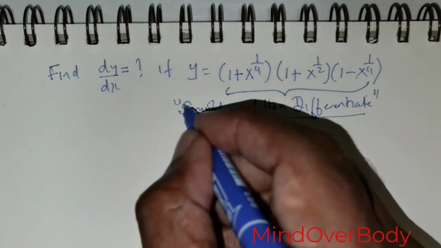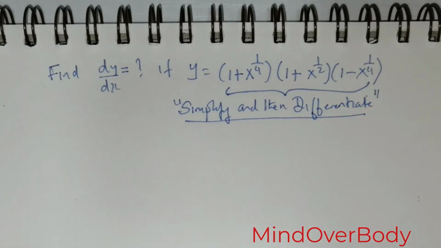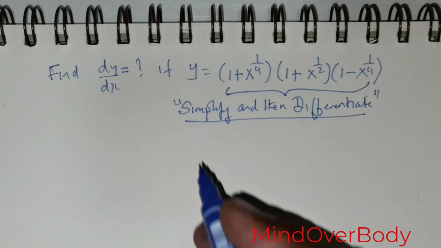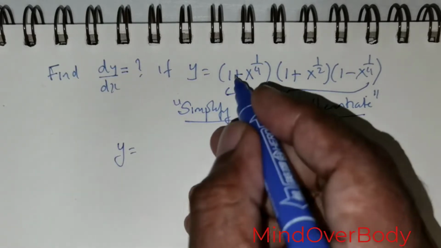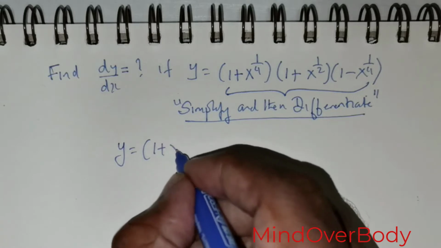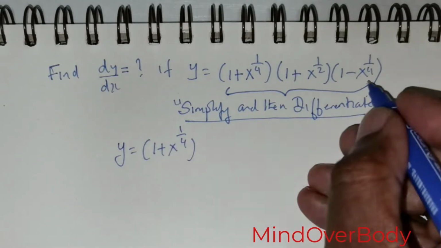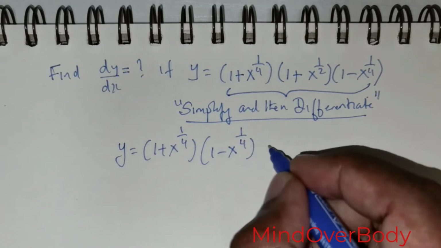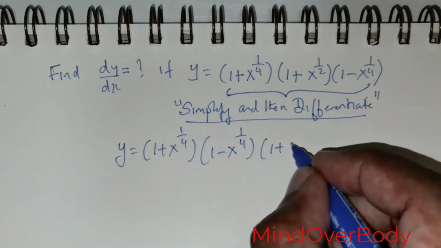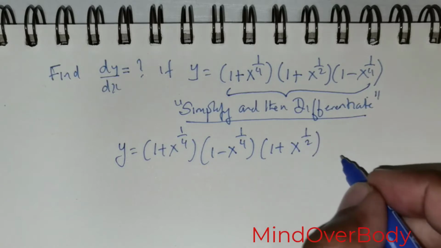In case huge terms like this are given, this is the approach we should follow. So I'm going to rewrite this as y = (1 + x)^(1/4) times (1 - x)^(1/4) times (1 + x)^(1/2).